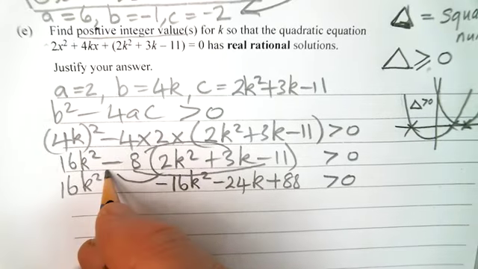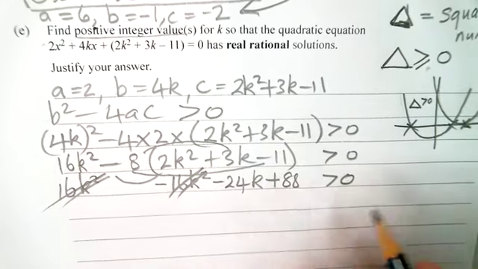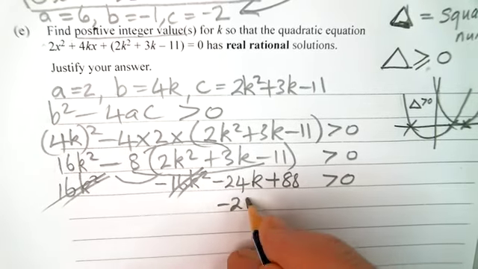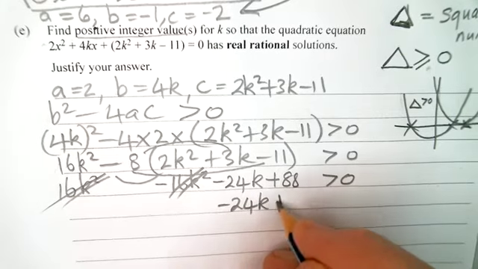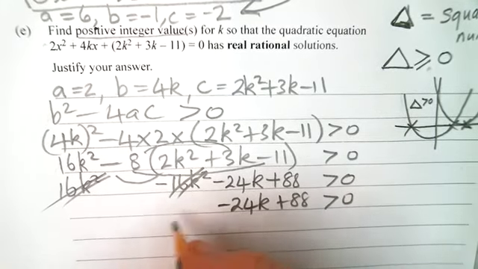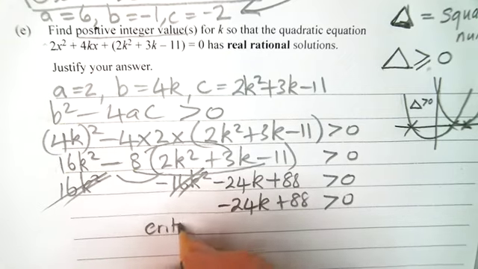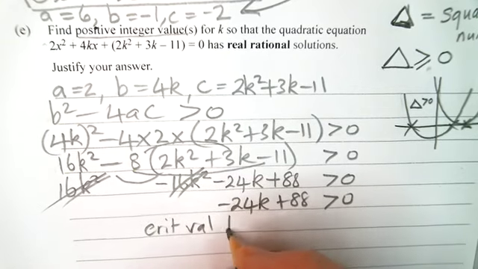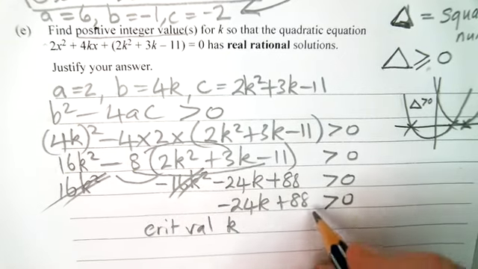All right, so straight away I can cross this out, and I'm left with negative 24k plus 88 is greater than 0.